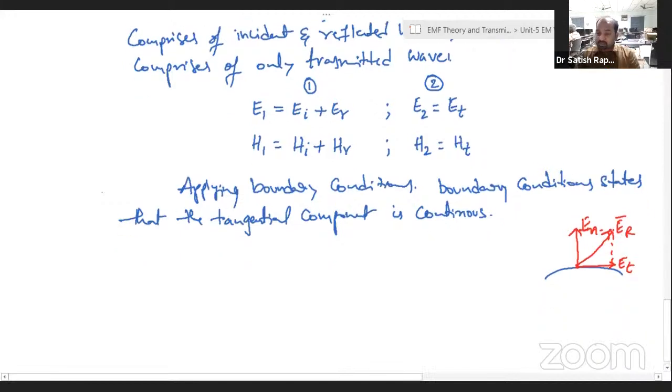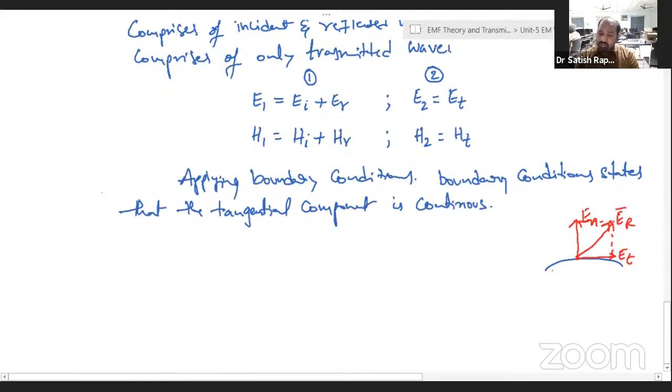Similarly for the magnetic field also we can consider tangential components. This is the tangential component of the magnetic field and this is the normal component. Tangential means parallel to the boundary. Now, if the boundary is curved like this, then here this is the tangential component, and here this is the tangential component.